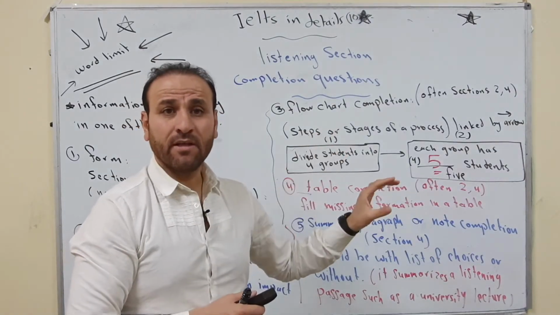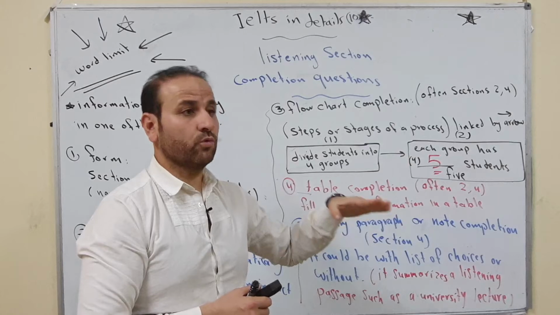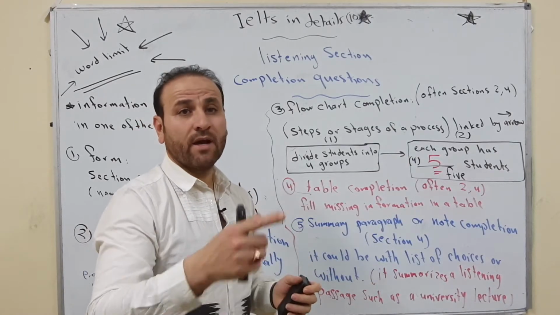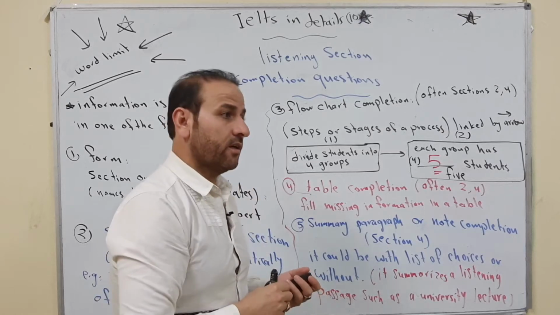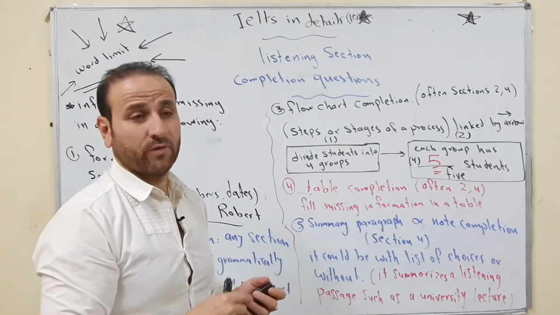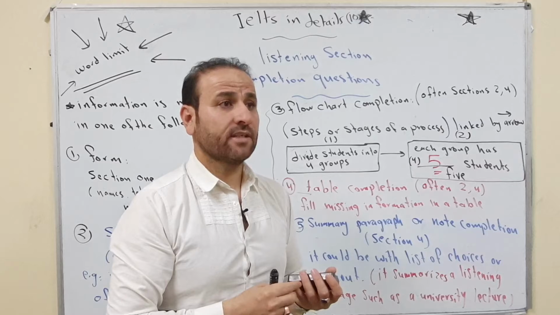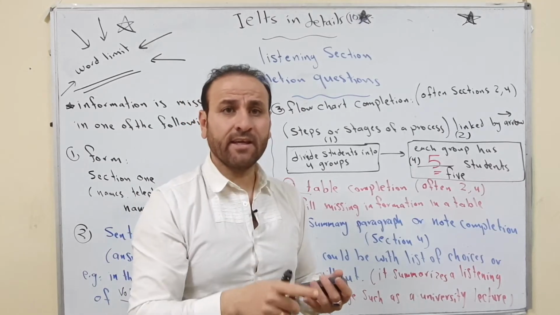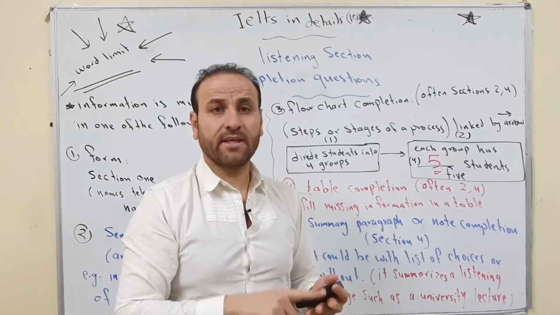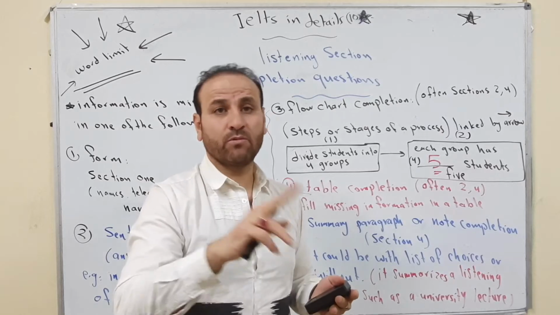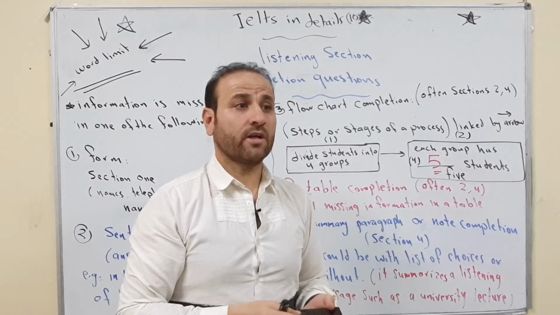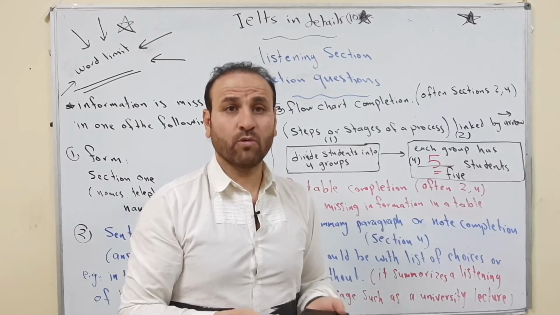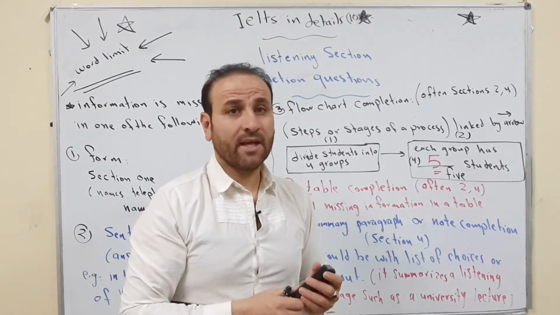We have a table, for example, group 1, group 2, group 3, and we have some information about these groups, and there are some missing words. We have to fill them. Usually it comes like this. For example, the day, Wednesday, Thursday, Friday, from what time to what time. For example, if I'm talking about a club or school or driving school, what time it will be open, like this.